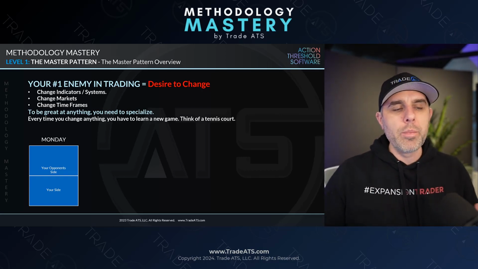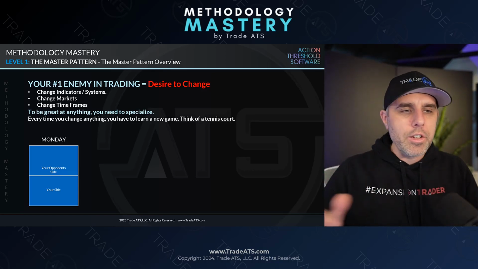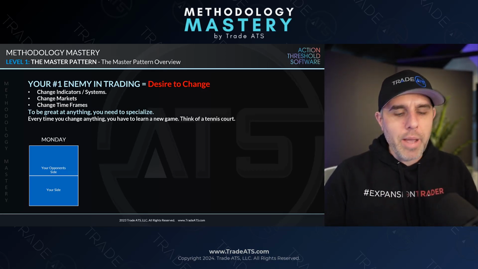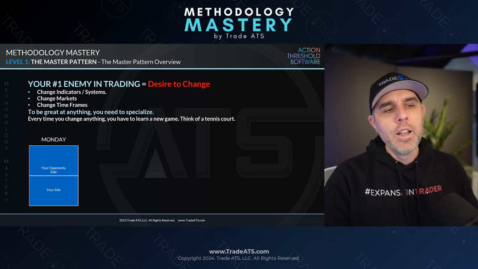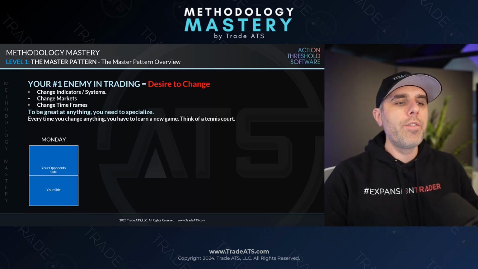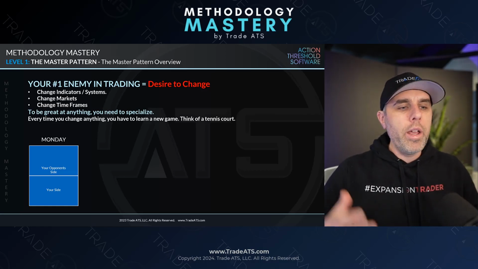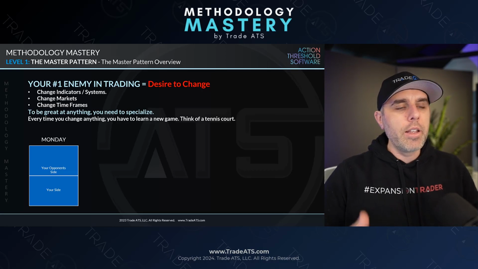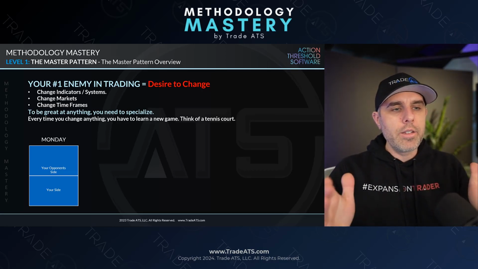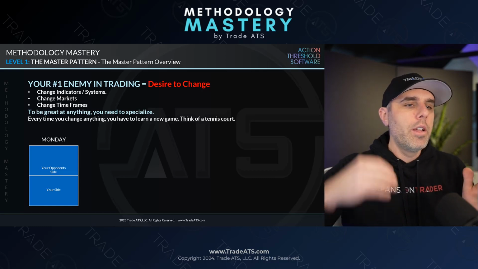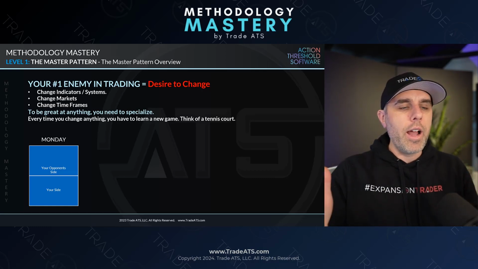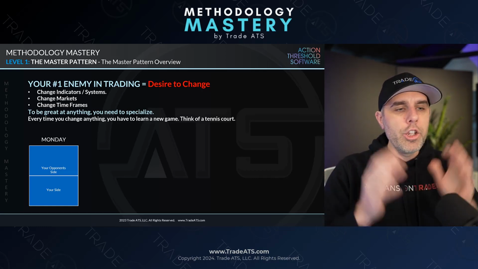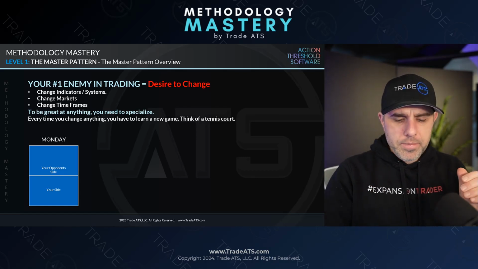There are other factors here, but just try to take the analogy away from this in its basic form. It's not super complicated. So on Monday, you have a trading approach, a way that you've defined you're going to approach the market, okay? And let's say it's pretty even to your opponent. Your side is half the rectangle. Your opponent's side is the other half. You're both hanging above the net, okay? You're learning this game, okay?